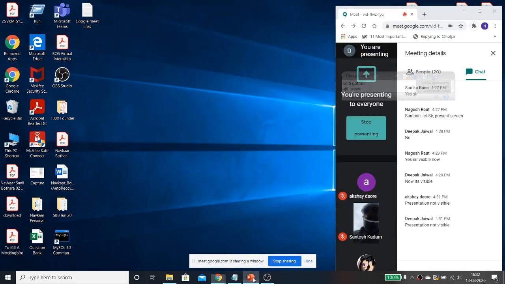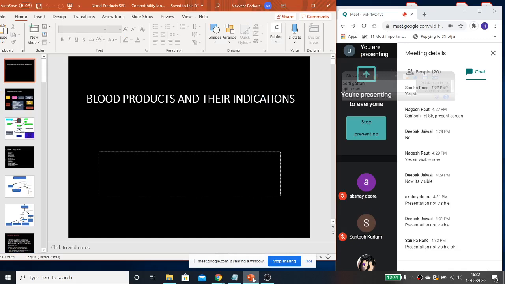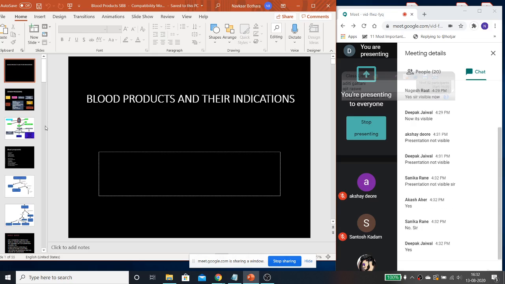For blood products. Now, as such, I'm not sure. Okay, check it now. Most probably it must be visible now. Is it visible? Check it, Sanika, again. Most probably. Okay.